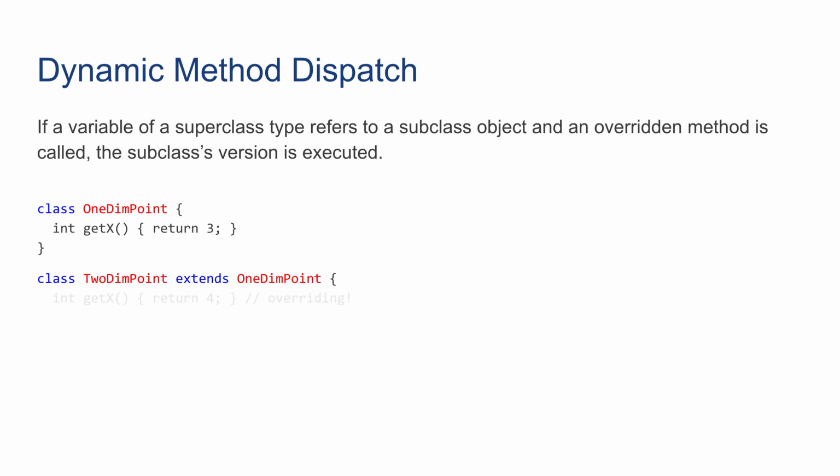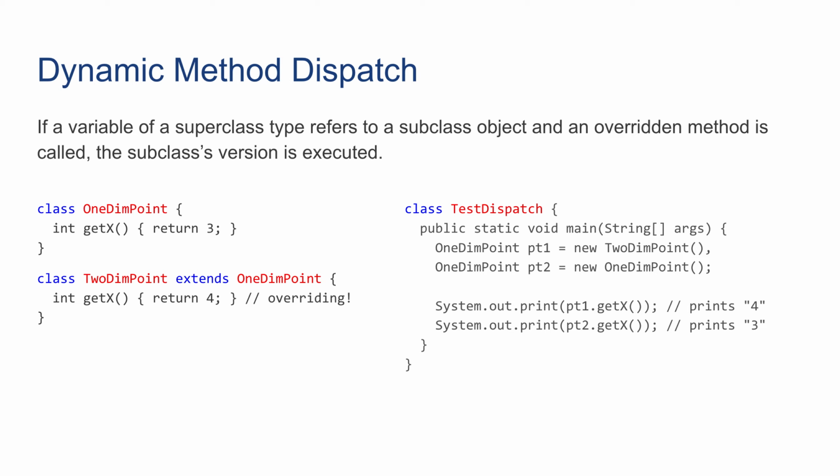Here's the example, same example, except this time we have a 1 dim point object pt1 that is a new 2 dim point, and 1 dim point pt2 that is a 1 dim point.